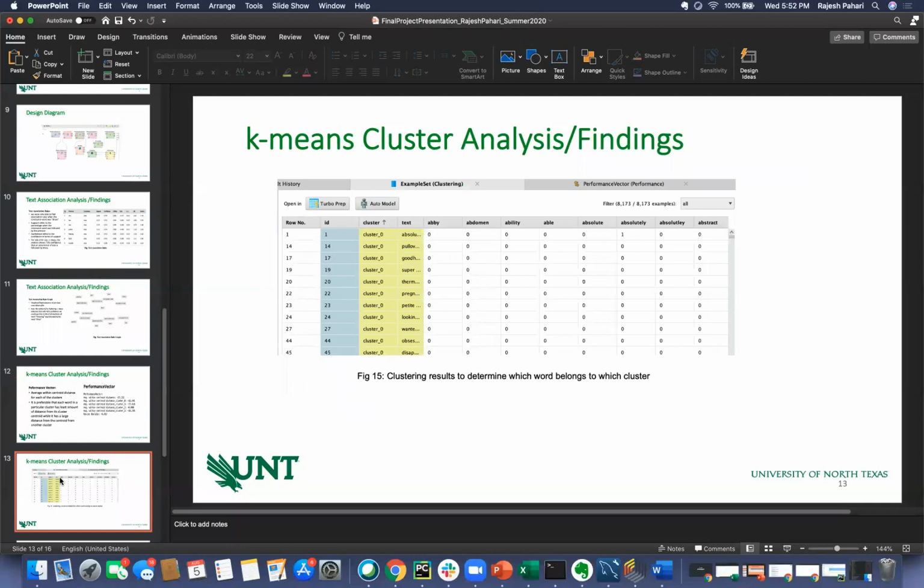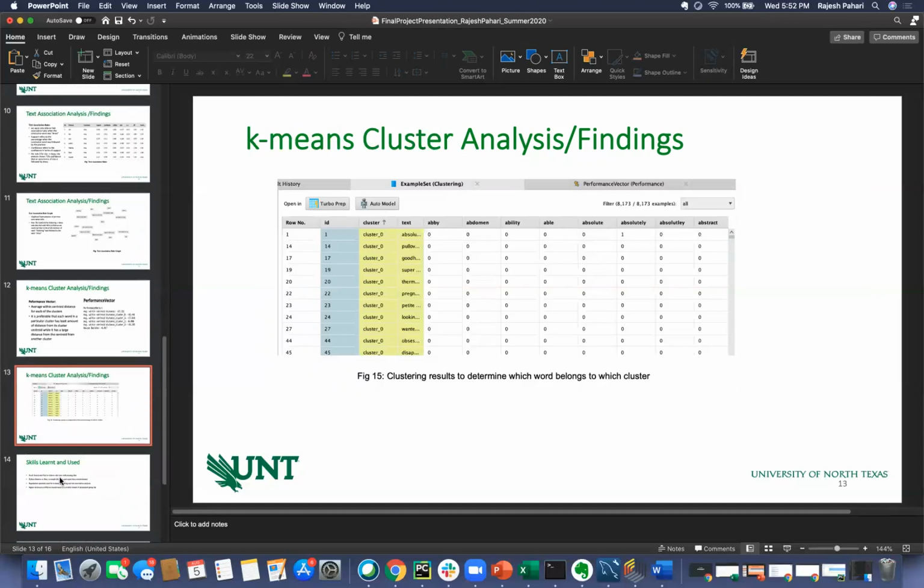Likewise, in this particular table, we can see which text is associated with which cluster, and likewise, which word is associated with which cluster.